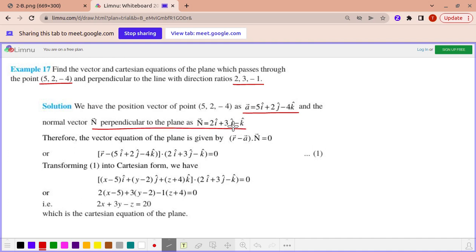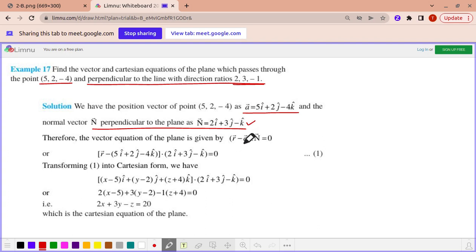Why? Because according to the question, the perpendicular to the line having direction ratios 2, 3, minus 1. So, the vector n which is perpendicular to the plane will be described in the component form as 2 i cap plus 3 j cap minus k cap. Sorry, every time I am saying k cap wrong, it is k cap.